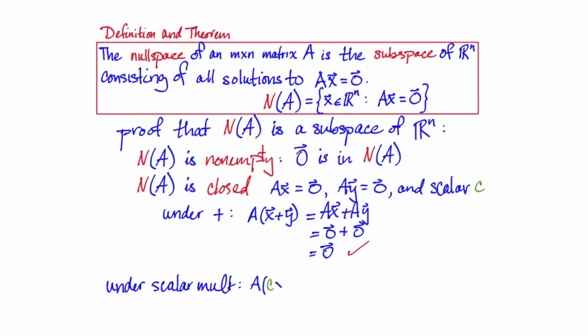If we take A times the scalar multiple of something in the null space, that's just a scalar multiple of A times the vector, which is just a scalar multiple of the zero vector, which we know is the zero vector. The null space, the set of all solutions to the linear system Ax equals 0, is a subspace of Rn.